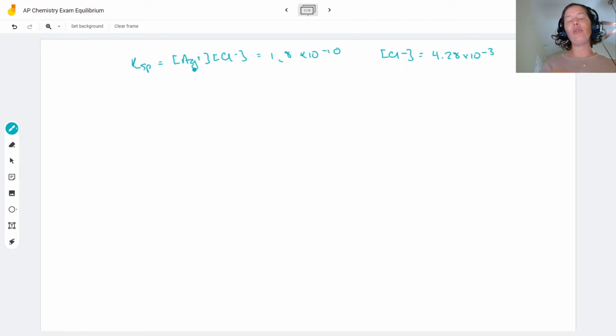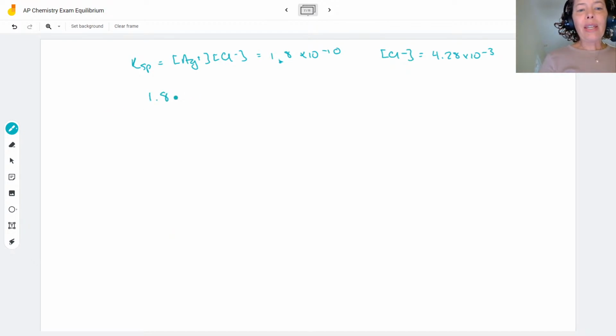Again, we're trying to dial in that silver concentration from our silver nitrate. So that means that we want this to equal the KSP. We don't want it to be bigger or less than. We want it to equal this. So I am going to keep this equation here, and I'm just going to plug in my chlorine, and see what is that silver concentration I need to be right at that KSP level.